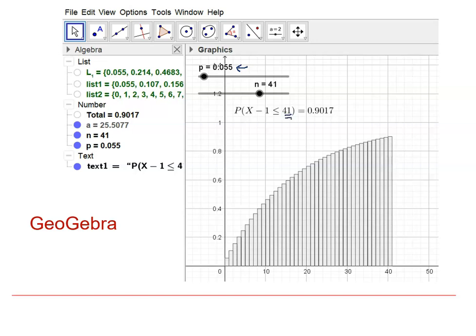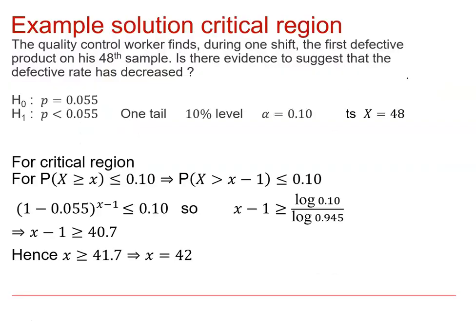You should find that n equal to 41 is the first outcome that gives us the probability of x minus 1 being less than or equal to it at 0.9017. So we found on GeoGebra x minus 1 had to be greater than or equal to 41, and that gave us x equals 42 or greater than 42 for our critical region.